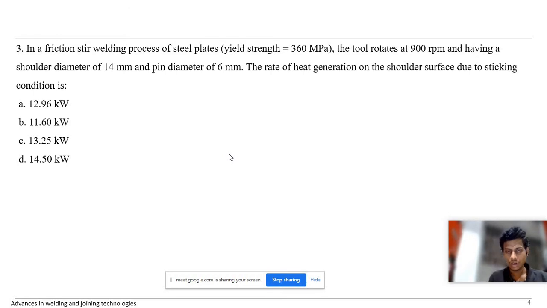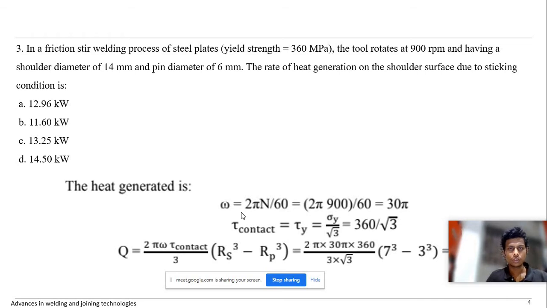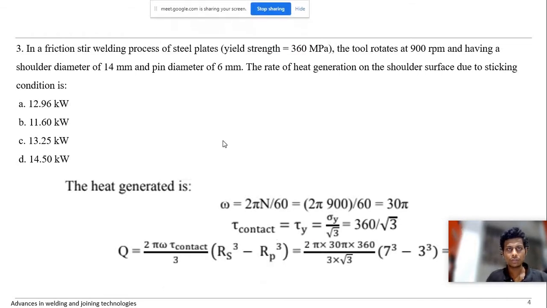So this is the formula. As I said earlier, this is the main formula: 2 pi omega tau contact divided by 3, into (RS cube minus RP cube). Here, tau contact changes based on whether it is sticking or sliding.